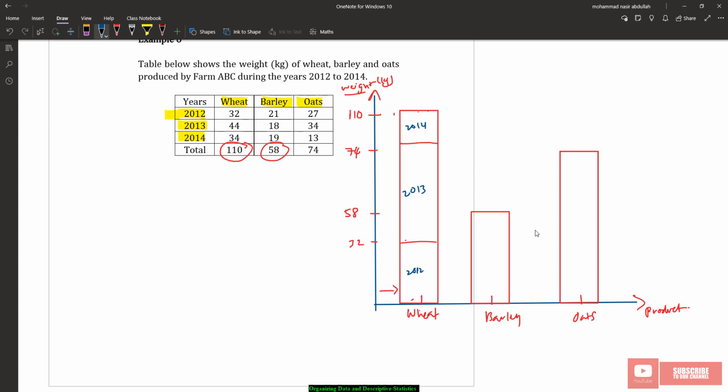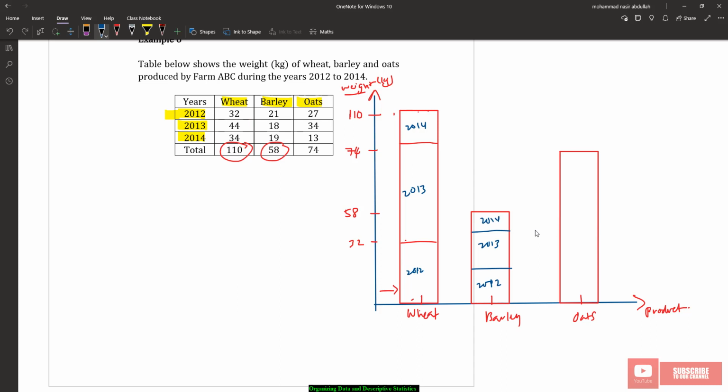Same goes for barley. This is 21, 2012, and then 21 plus 18, so 39 somewhere here. Put it here, 2013. And this is 2014.